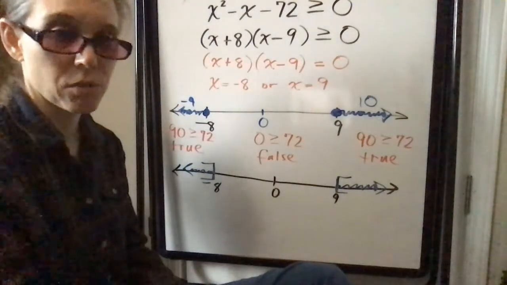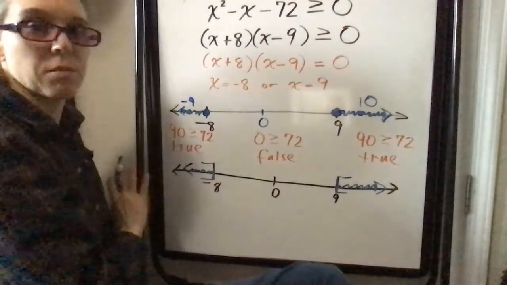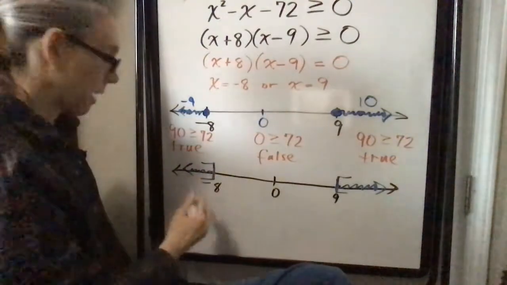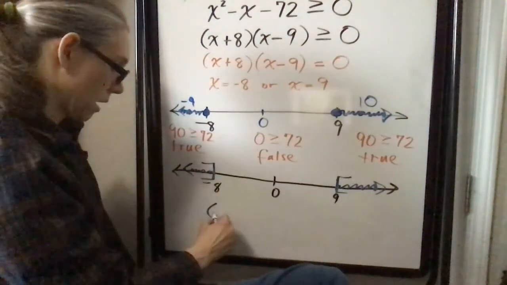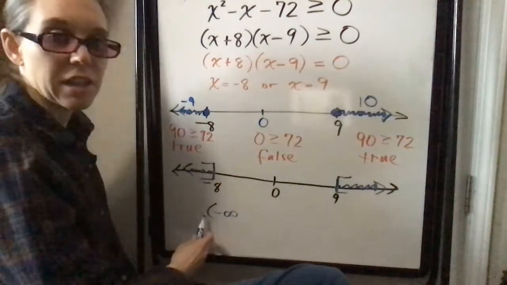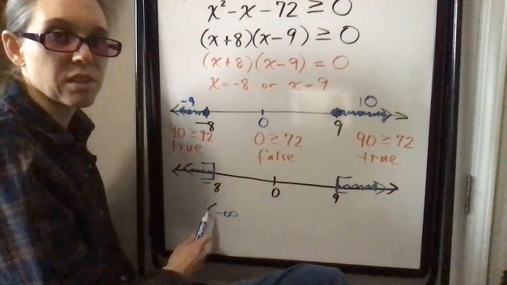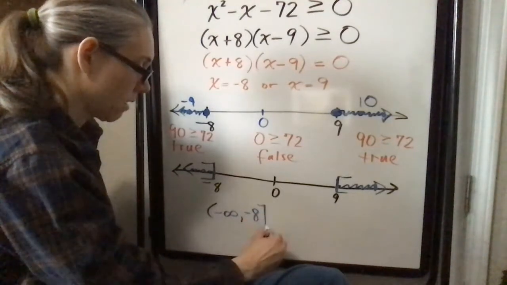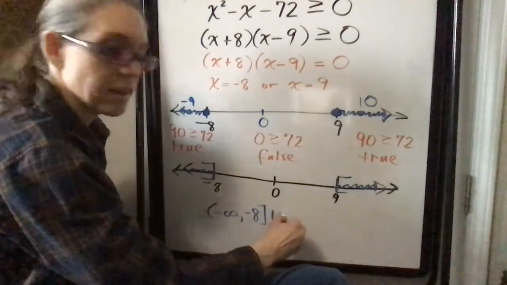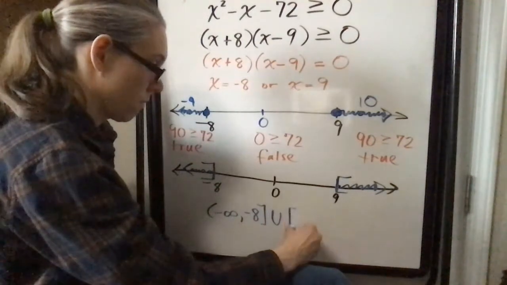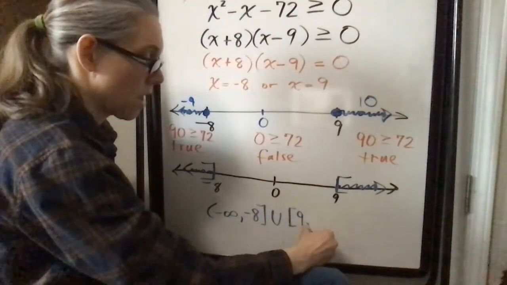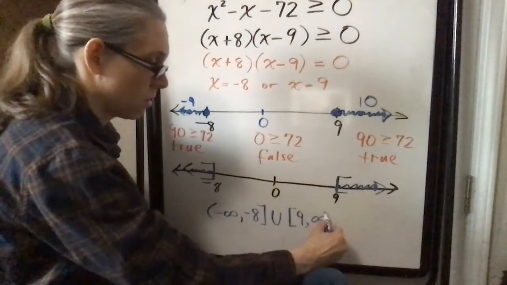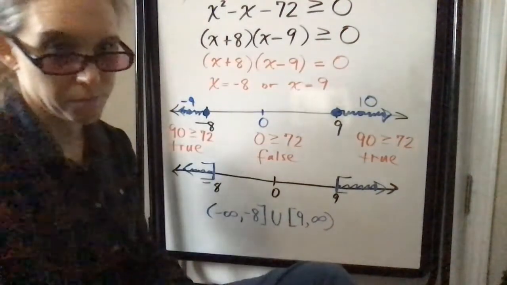And as an interval, what that is, we're going from -infinity all the way to -8. So -infinity, remember infinity and -infinity always use parentheses. -infinity to -8, united with +9 all the way to infinity.